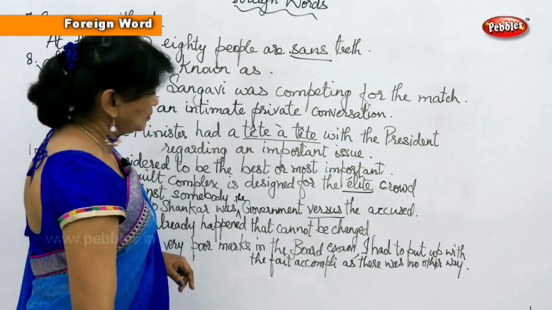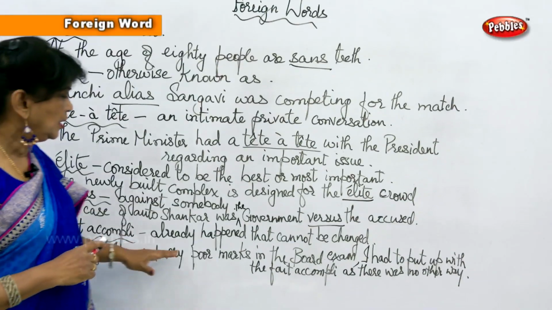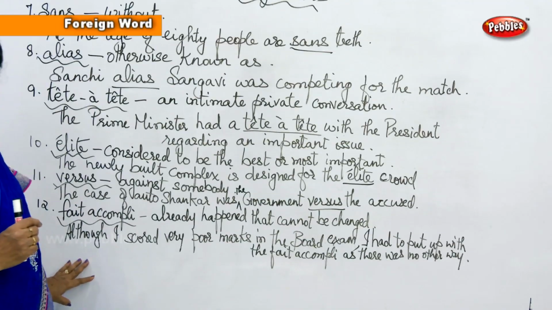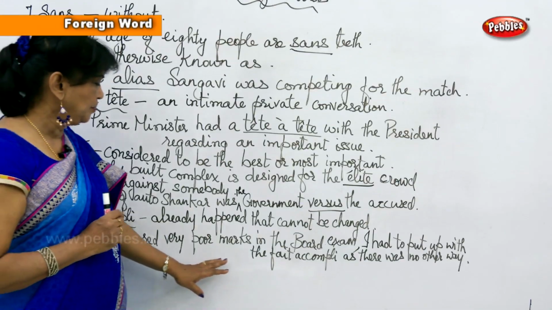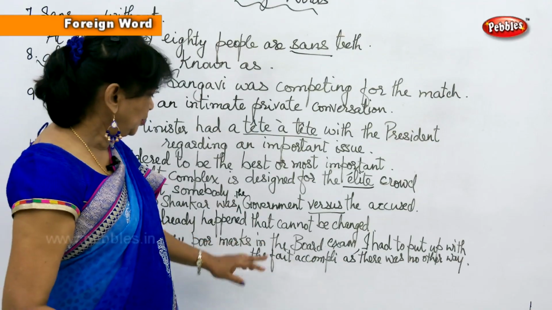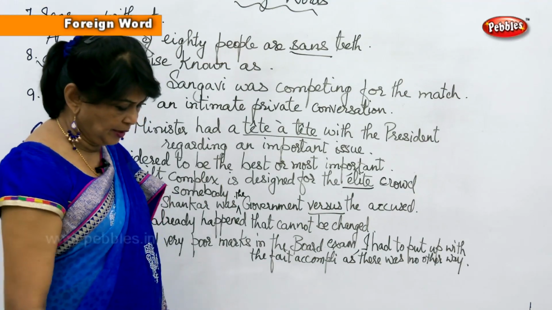Okay. Fait accompli means things already happened that cannot be changed. Although I scored very poor marks in the board exam, I had to put up with the fait accompli as there was no other way.